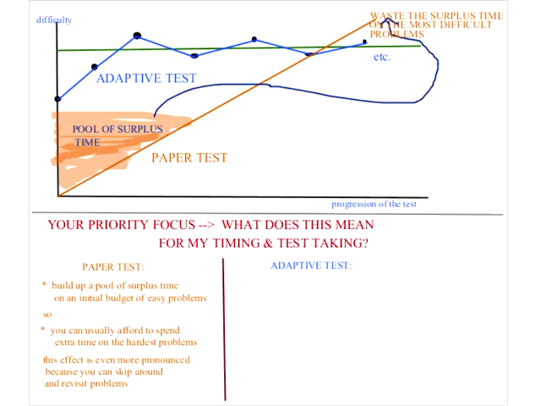So the biggest deal is you are absolutely not going to have a pool of surplus time. You just won't have one. It's not going to exist.